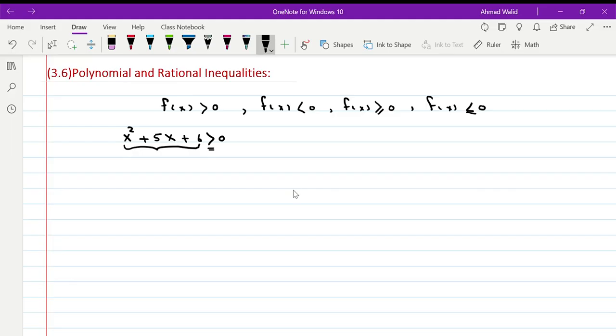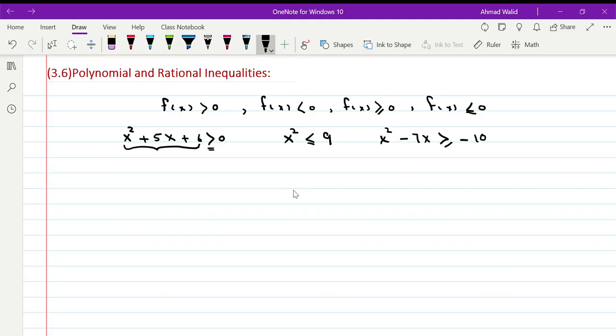Or here's another one, let's say x squared less than or equal to 9, or maybe x squared minus 7x greater than or equal to, let's say, negative 10.